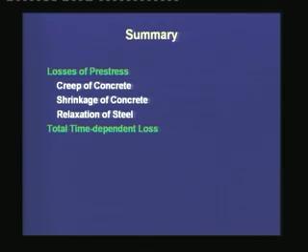The creep is defined as the increase in strain in the concrete under a constant stress, and what we have seen is that if the stress is limited within a certain value of the characteristic strength, then the ultimate creep strain is almost proportional to the elastic strain, and the estimation of the ultimate creep strain is given by a simple expression. The ultimate creep strain is equal to a proportionality constant times the elastic strain. The proportionality constant is called the creep coefficient.